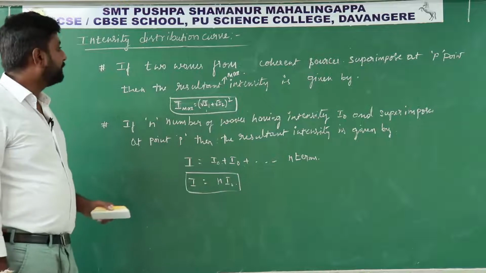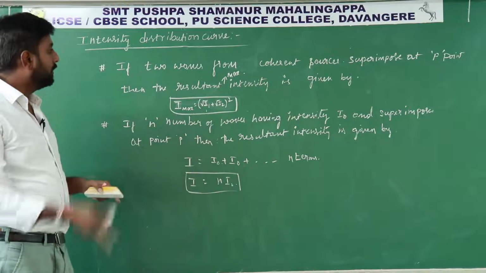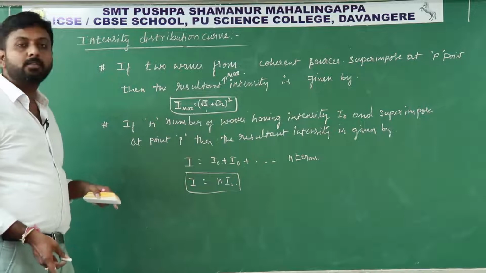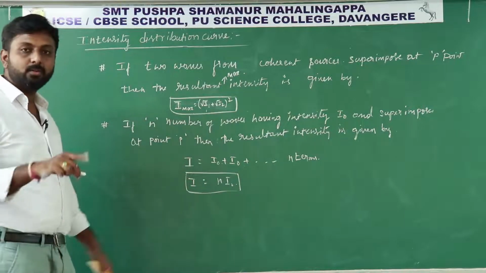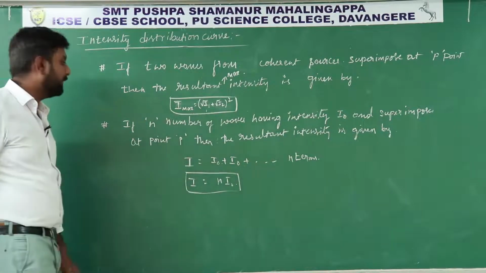This is for two waves from coherent sources. Then I maximum is equal to root over I1 plus root over I2 whole square.